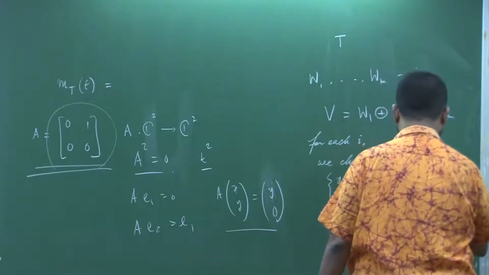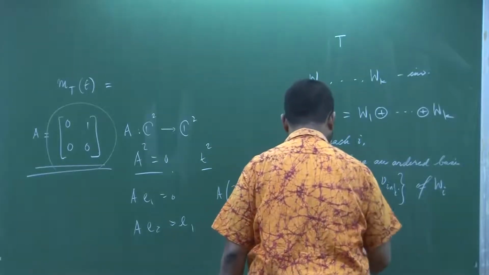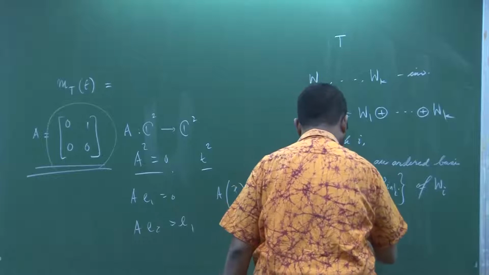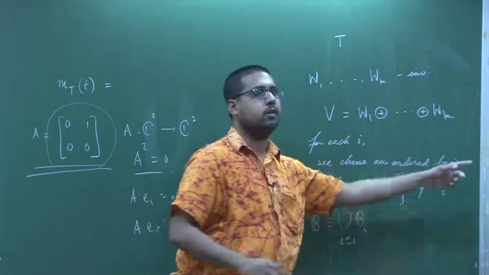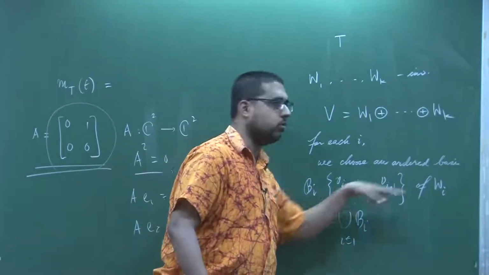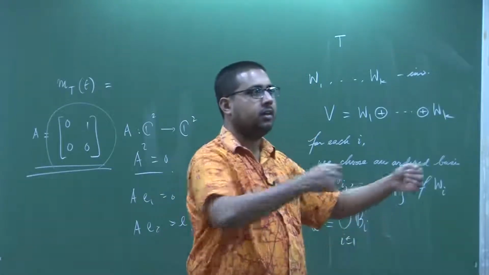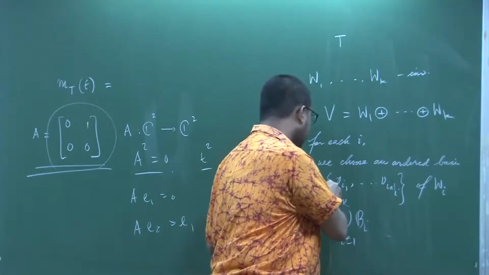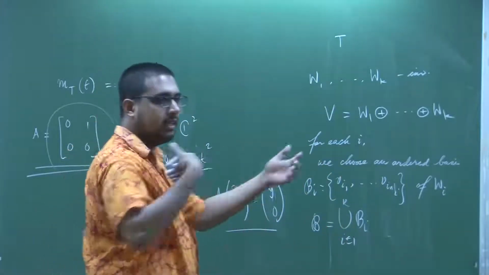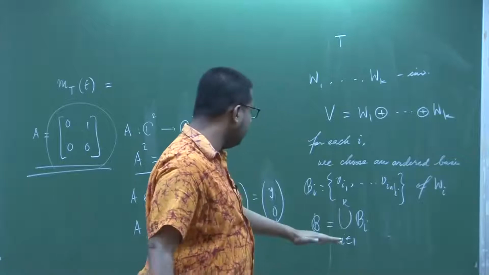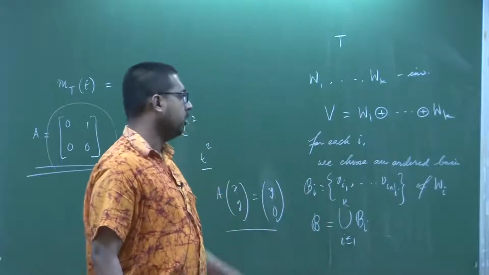Then we finally define the ordered basis B to be the union of these, ordered so that the first n1 vectors are the n1 vectors of B1, and then the next n2 vectors are the n2 vectors of B2 in their original order. Then B is an ordered basis of V.